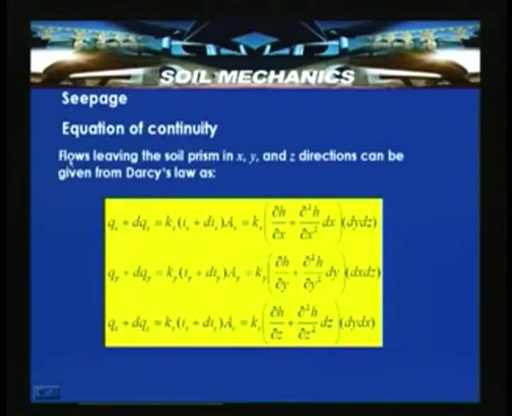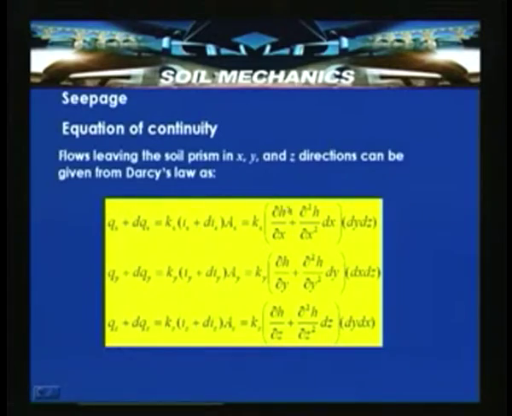So, the equation of continuity can be derived based on the flows leaving the soil prism at x, y, z directions, which can be written like qx plus dqx, where dqx is the small flow change which is occurring when the flow is entering and leaving the soil prism. So, that can be written as kx into ix plus dix, where dix is the change in the hydraulic gradient, which can be written as dou square h by dou x square over a length dx.